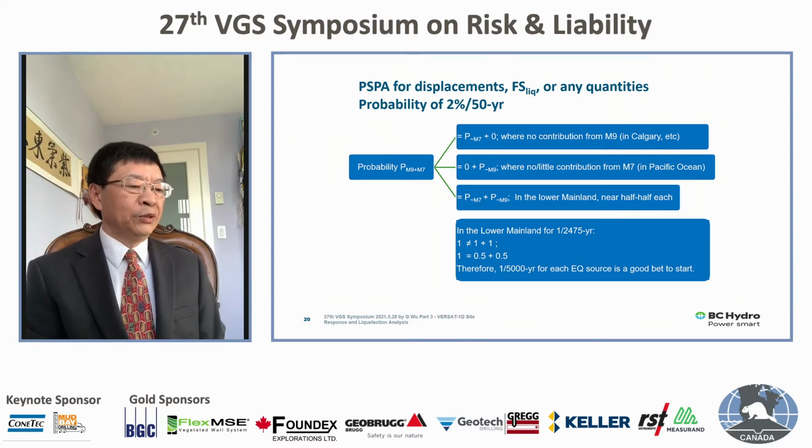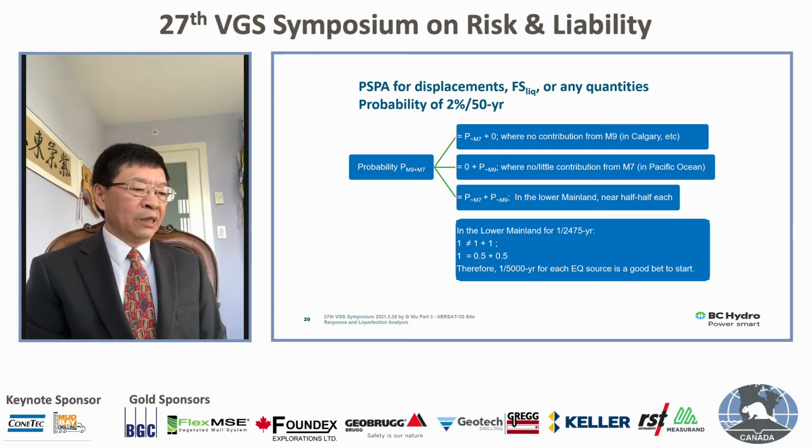In the previous two examples, I have shown you how you apply the PSPA method in deriving the combined 1 in 2475, or 2% in 50 years, result. So in essence, you're looking for the probability at 1 in 2475 for combined M7 and M9, which is the left square.